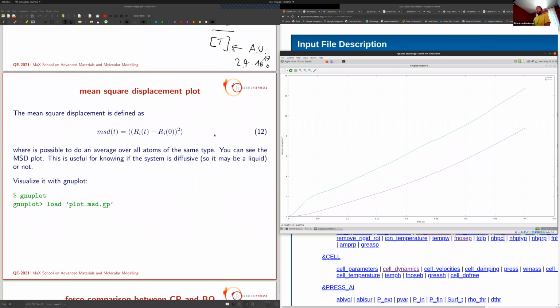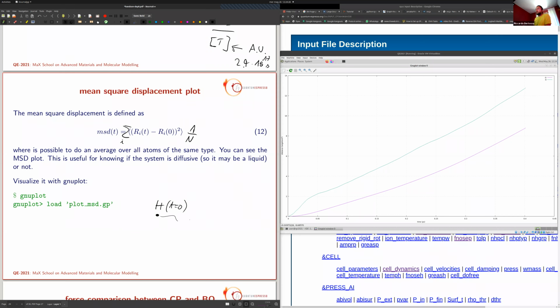So you are computing an average over the trajectory. Here you have a sum over all the atoms, and you divide also by the number of atoms of this type. So you pick, let's say, an oxygen atom or a hydrogen atom, let's say hydrogen. You have a starting position at t equals 0.